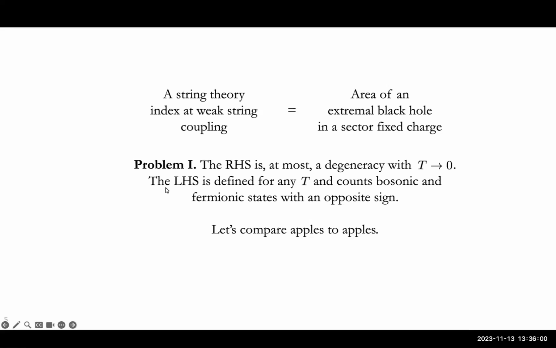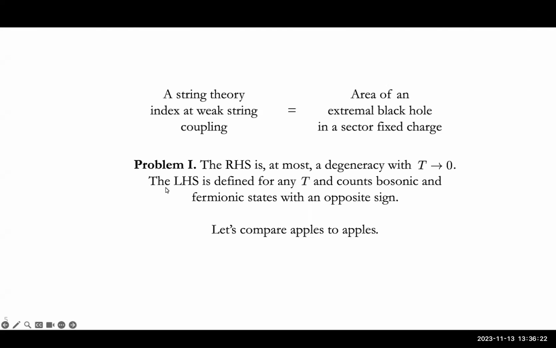So even if one accepts that the right-hand side is the degeneracy of a black hole, that's not what the left-hand side is computing. The left-hand side, an index, is defined for any temperature and counts a difference between bosonic and fermionic states. So bosonic and fermionic states have opposite signs.